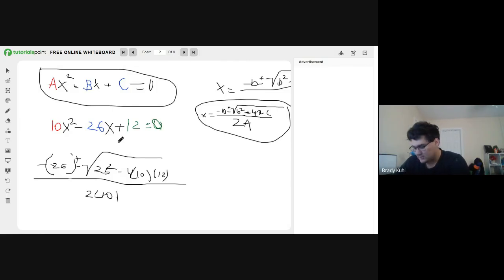So now you get 26 squared minus 4 times 10 times 12. You get 196. The square root of 196 is 14. So now you get 26 plus or minus 14, over 20.